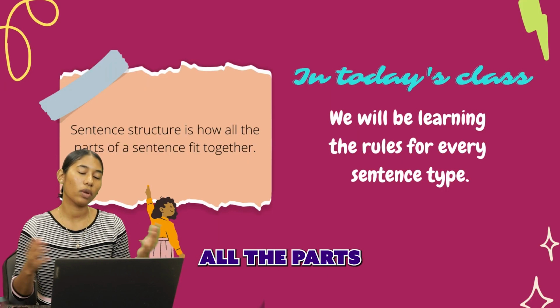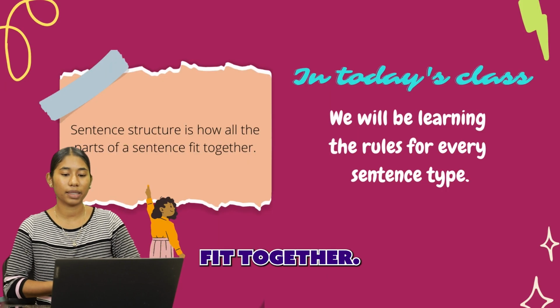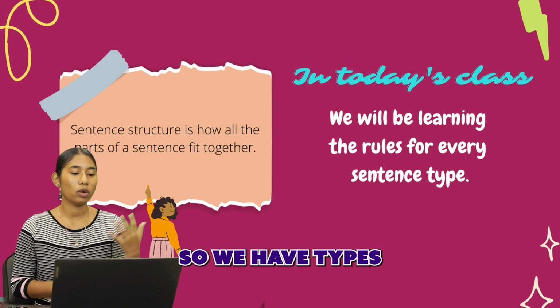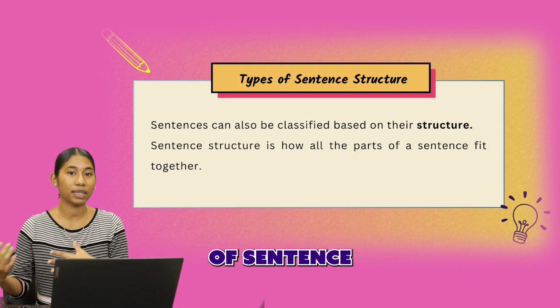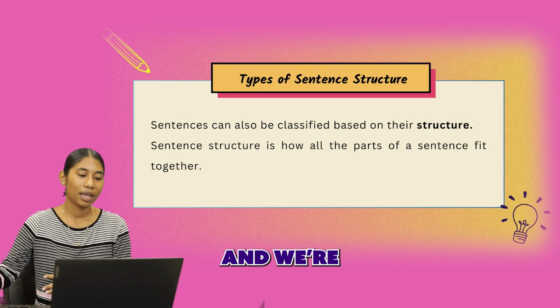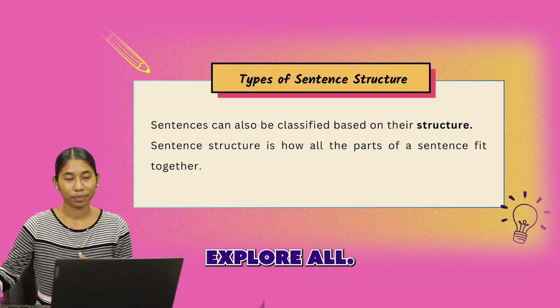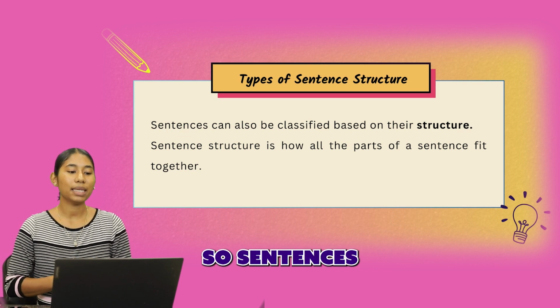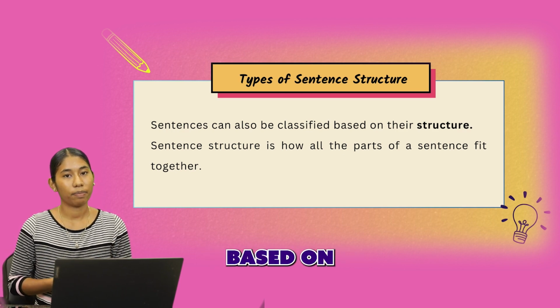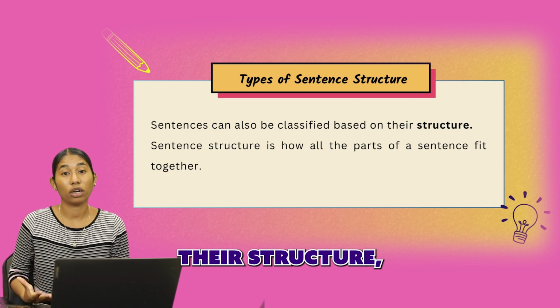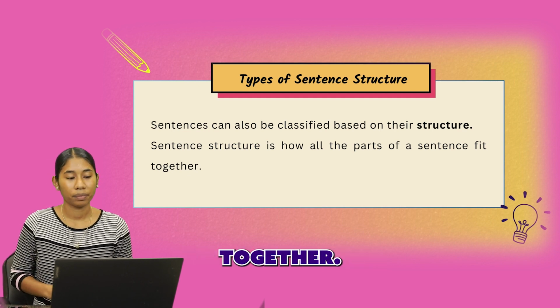Sentence structure is how all the parts of a sentence fit together, right? So we have types of sentence structure and we're going to explore all. Sentences can also be classified based on their structure, how we put them together.